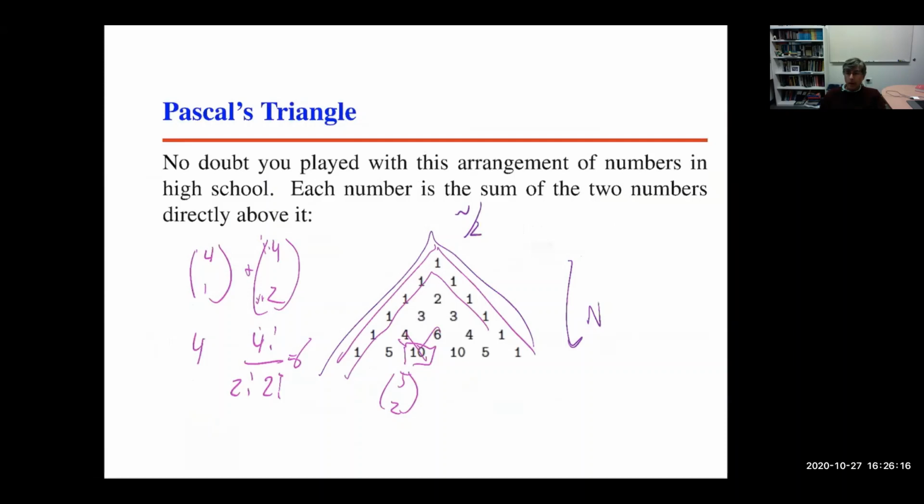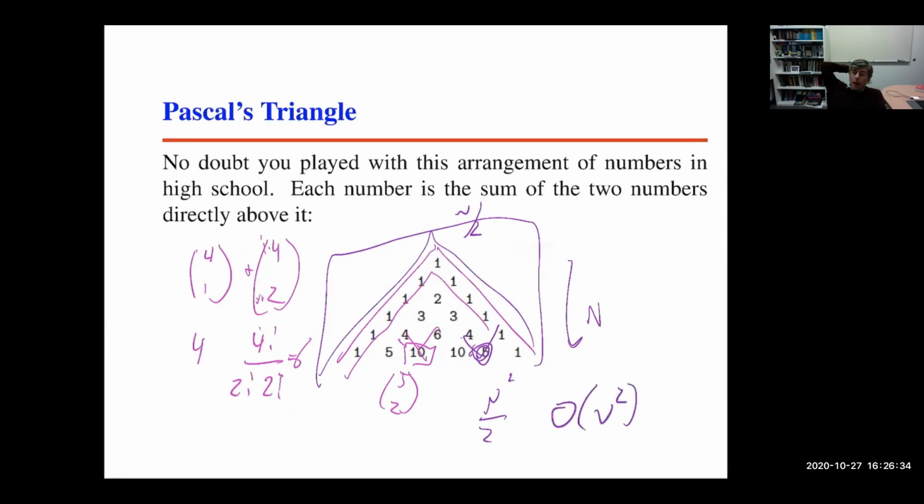So this triangle storage is going to be something like n squared over 2 elements. To compute each element, I'm going to add up the 2 elements before it. It's going to take constant time. This is an order n squared algorithm to evaluate Pascal's triangle. Any questions?